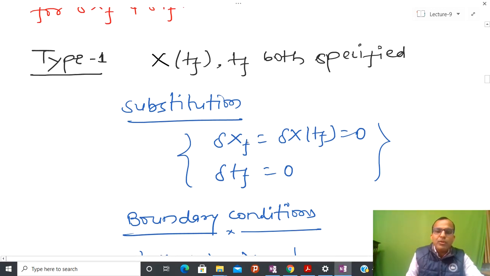Whenever we talk about the generalization, again in the same way I have to do the extension. If you remember the previous lecture, at that time we were assuming that x(t0) and t0 both are specified, and similarly the states are specified.